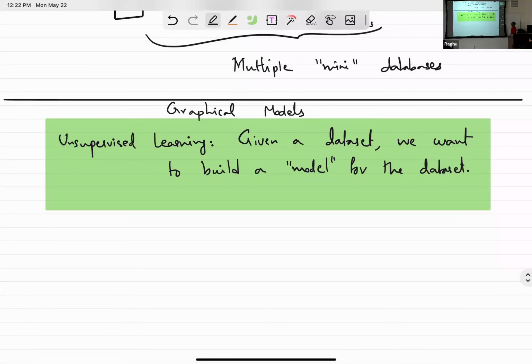Well, what do you do once you have the model? You can do many, many things once you have them. And this is really called probabilistic models of data.